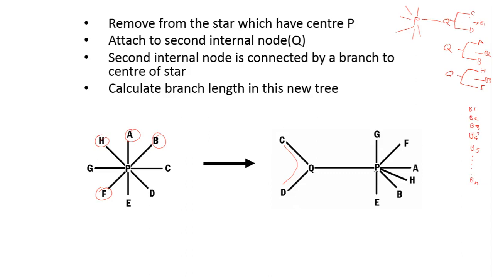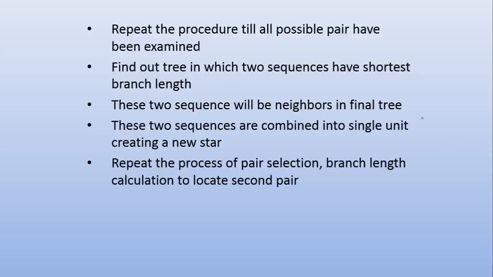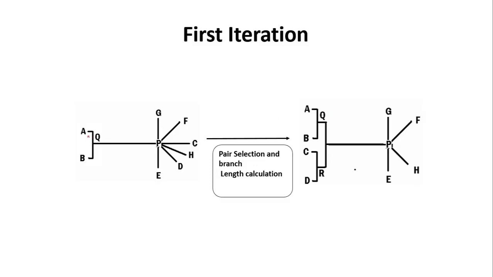So we'll say for example, if you end up identifying B4 as the lowest number among all the calculated branch lengths, and say this B4 corresponds to the branch length of A and B, so this is the shortest branch length, then you would identify A and B as the final neighbors in your phylogenetic tree, and you would permanently attach them to the second internal node.